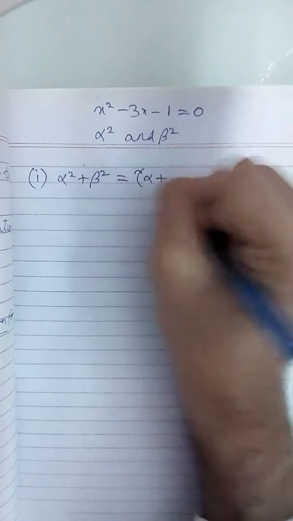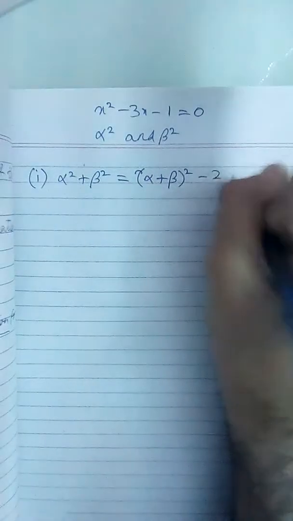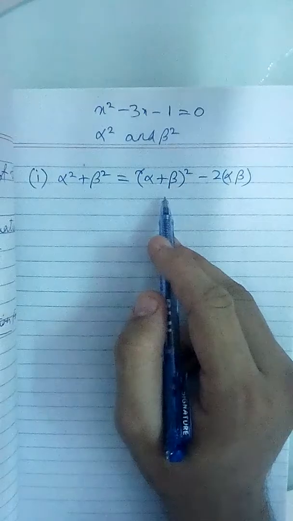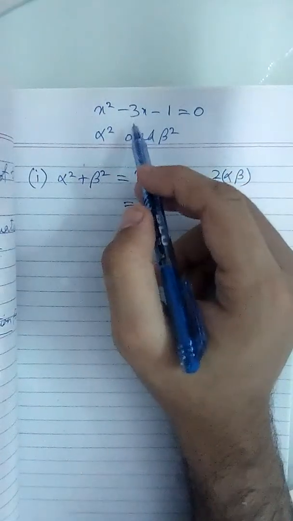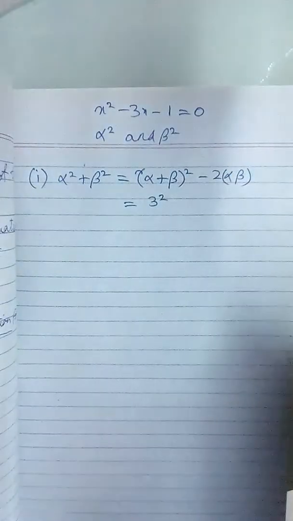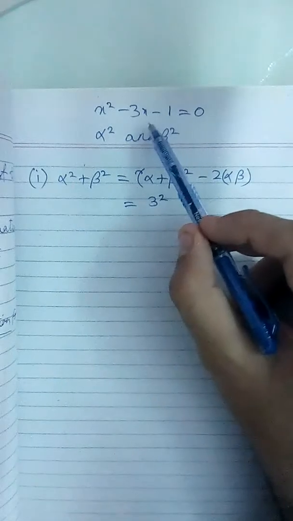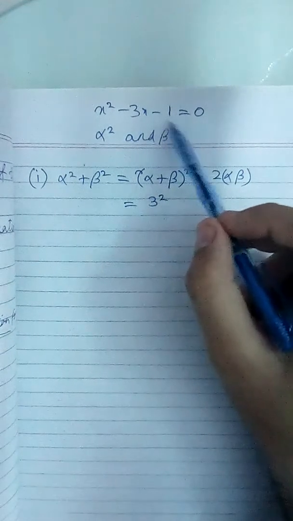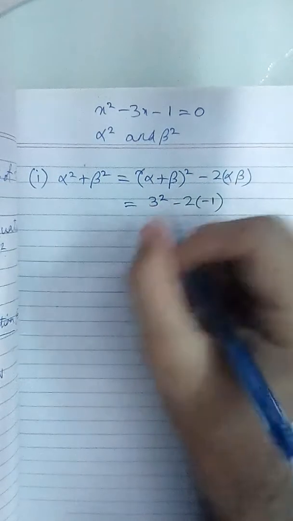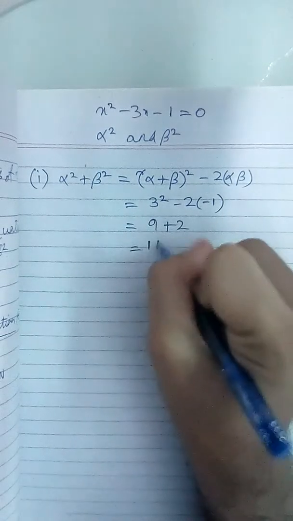So we would obtain alpha plus beta whole square minus 2 alpha beta. The sum of roots is equal to minus b over a, that is 3, so 3 square, and the product of roots is equal to c over a. That means the product of the roots is equal to minus 1. Just computing the value of alpha square plus beta square, we are going to get 11.